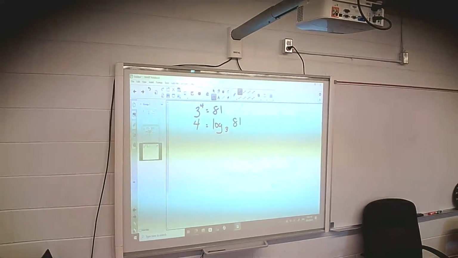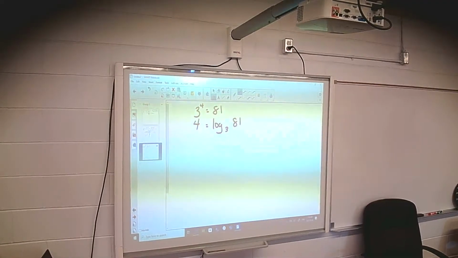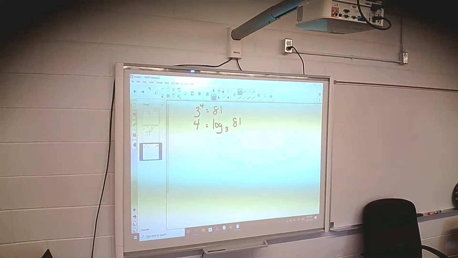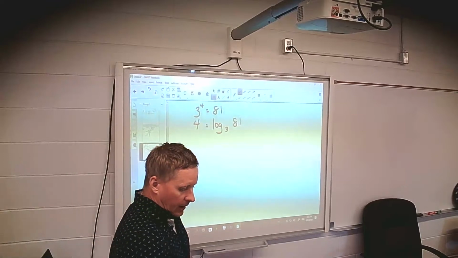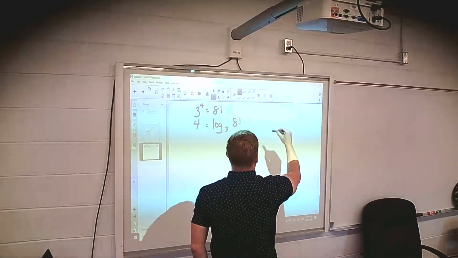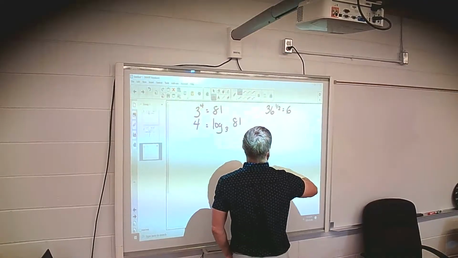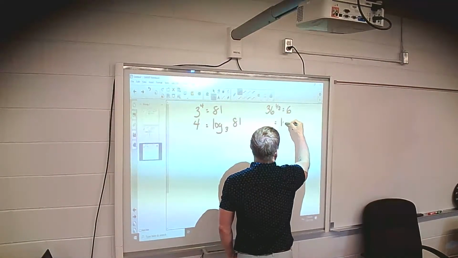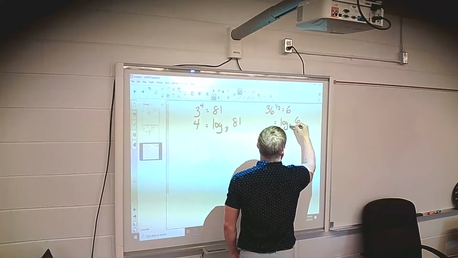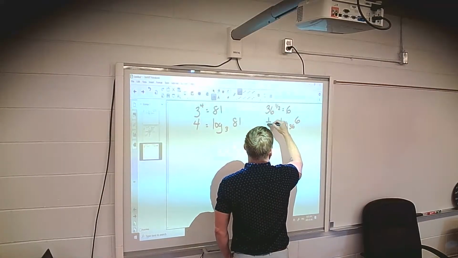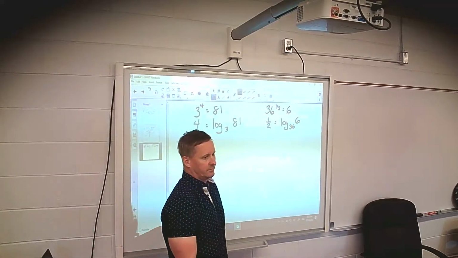The log of 81 to the base 3 is equal to 4. I have 36 to the 1/2 equals 6. Log 6 base 36 equals 1/2.